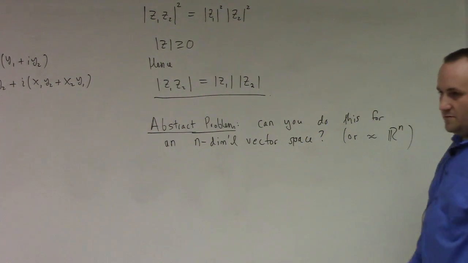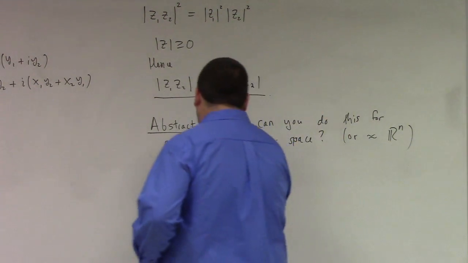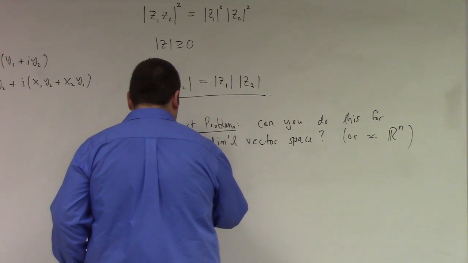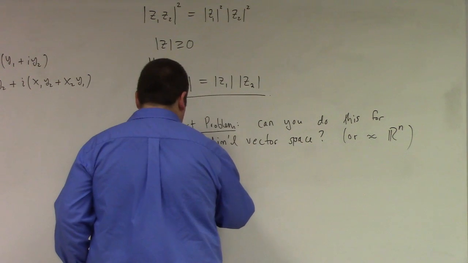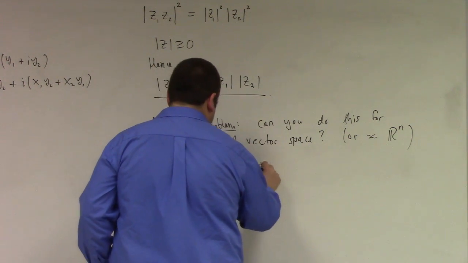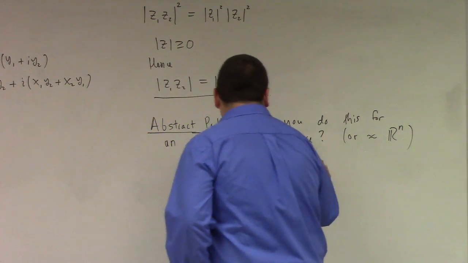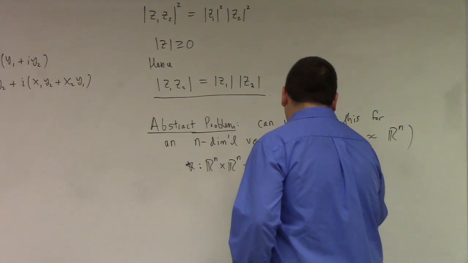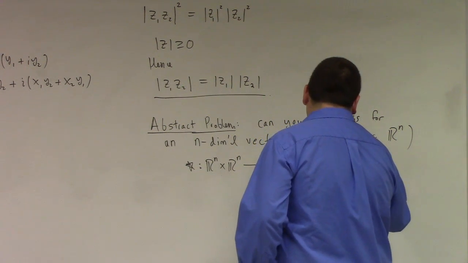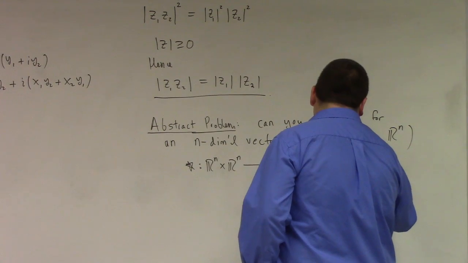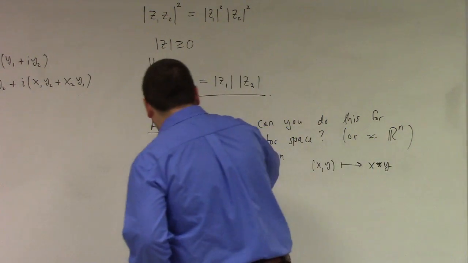Is it possible to define something, let's say star, which is a mapping from R^n cross R^n back to R^n again? So x, y maps to x star y.